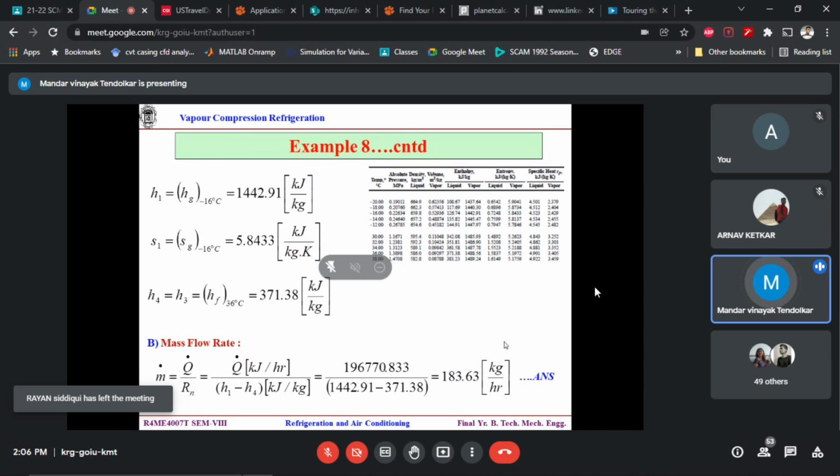And h3 equal to h4. It is a simple saturation, so that means it is liquid enthalpy. So that is hf3, that's why hf at 36 degrees Celsius. Are the values correct, taken from the table?